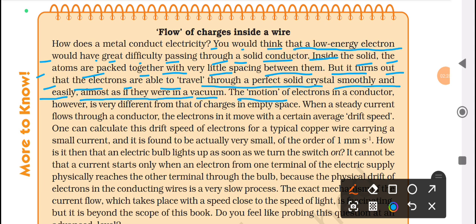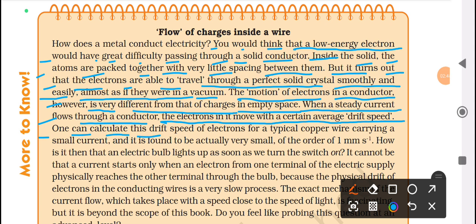in a vacuum. The motion of electrons in a conductor, however, is very different from that of charges in empty space. When a steady current flows through a conductor, the electrons in it move with a certain average drift speed.